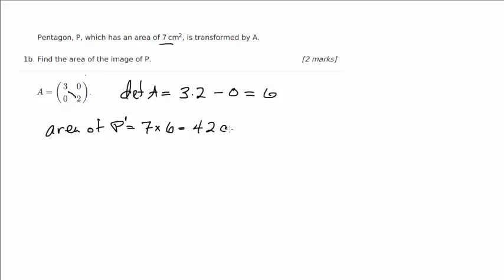So we have 42, and they give me units, centimeters squared. Whenever you talk about the area of a shape and its image, the determinant is the scale factor. Again, that information is not in your formula booklet, so it's something you need to remember. So there is the second part, B.